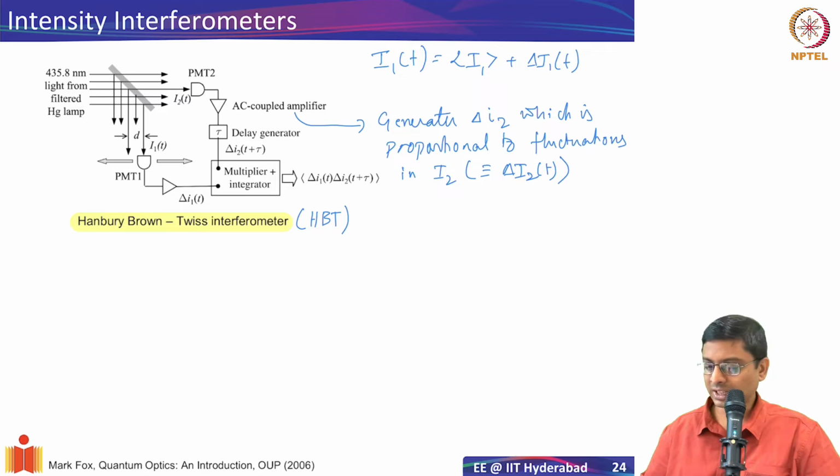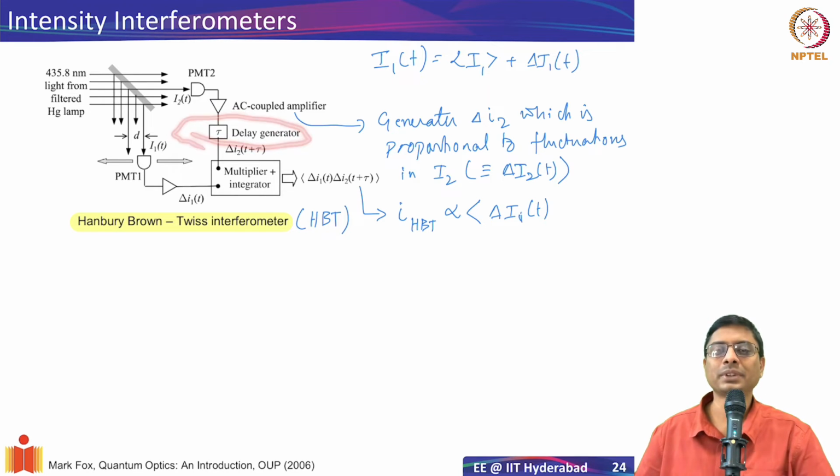So the output of the Hanbury Brown-Twiss interferometer, I_HBT, is going to be proportional to two things: the fluctuations in the source, delta I1 of t, and they also introduced a delay here. In I2, they introduce an electronic delay. In the original version it was actually in space, but nowadays we do it temporally.